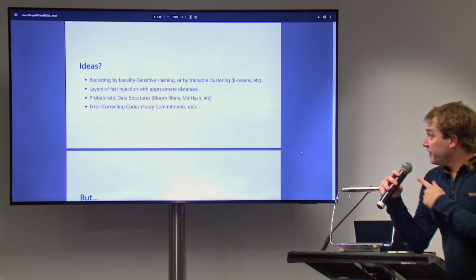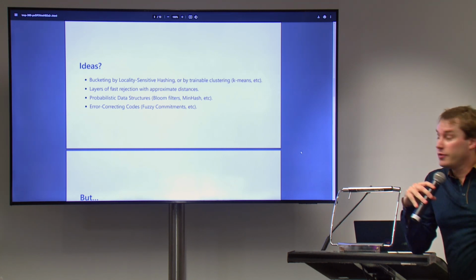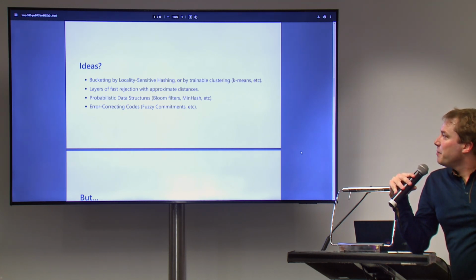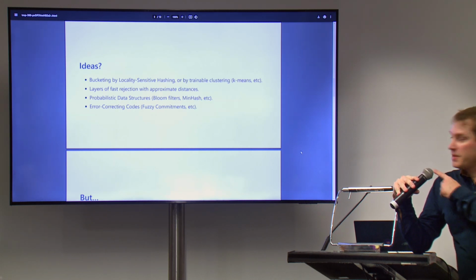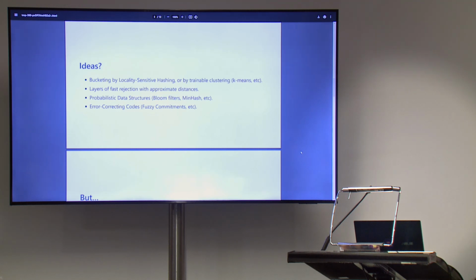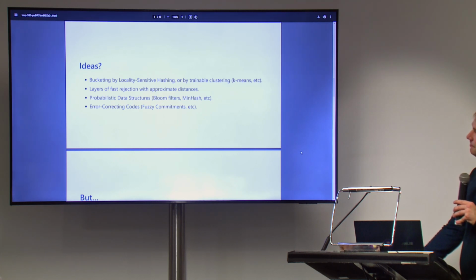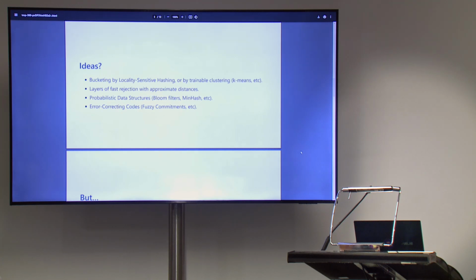And there's a really interesting family of constructions that are based on error-correcting codes, like fuzzy commitments. Those are really cool techniques. But we'll see that. A fuzzy commitment is like an error-correcting code, and you leave out part of it.